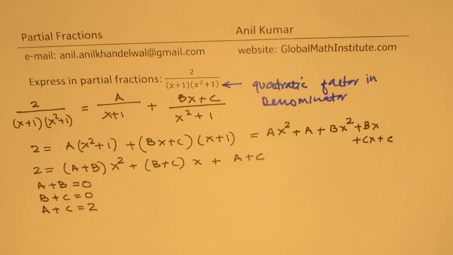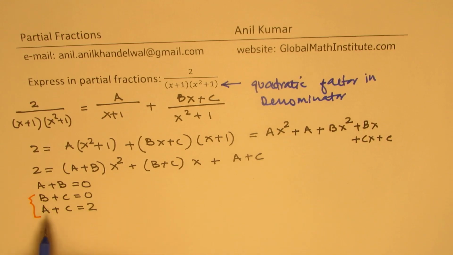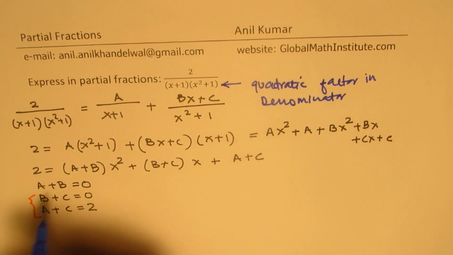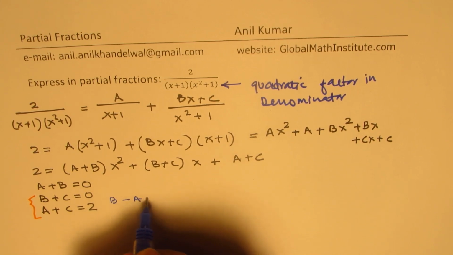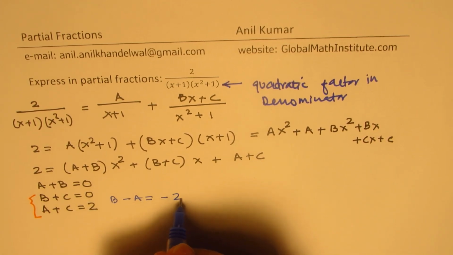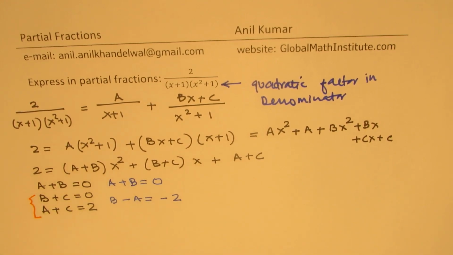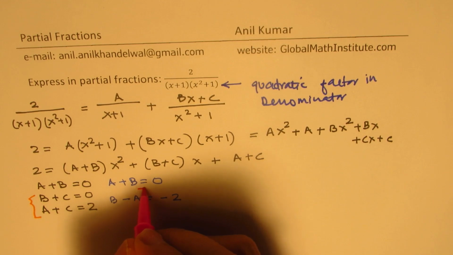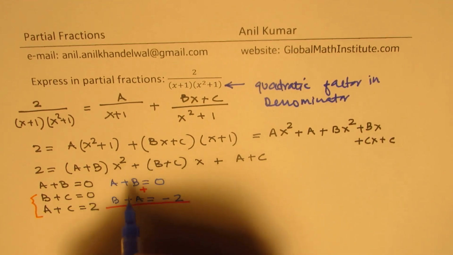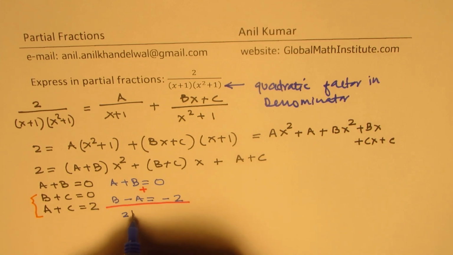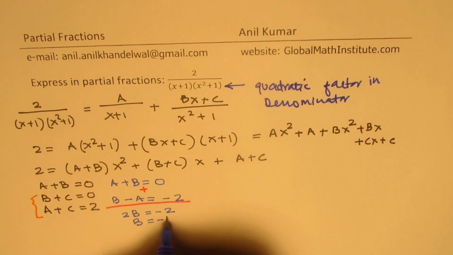So from these two, if you do minus, we get b minus a as equal to minus 2. And here we have a plus b equals to 0. Now if I add these two equations, right, in that case we get 2b equals to minus 2, and that gives you b as minus 1.